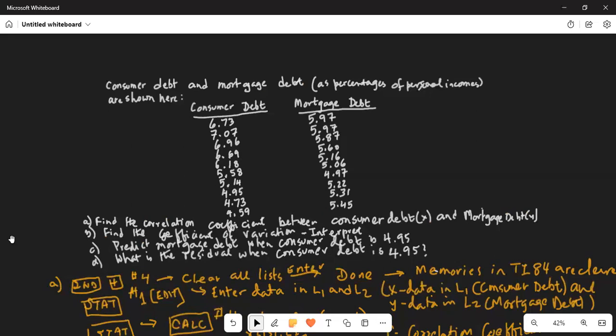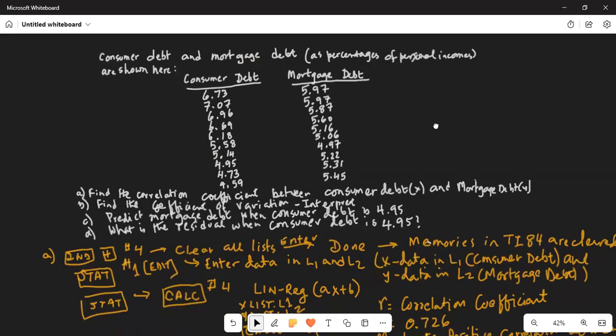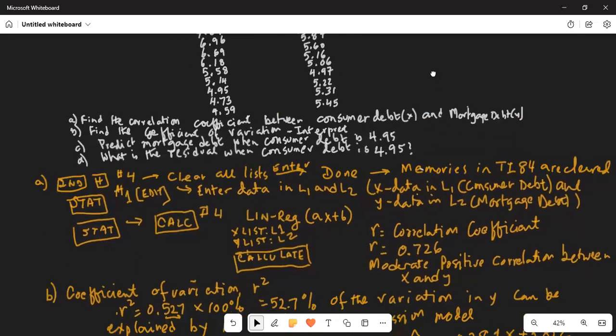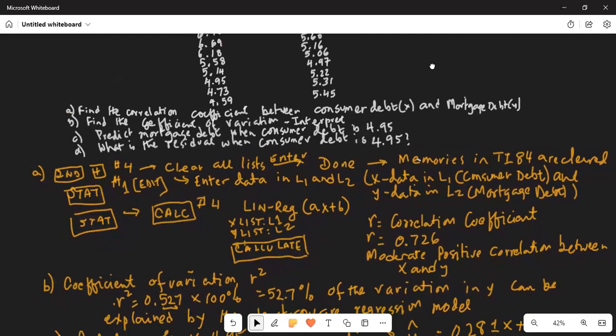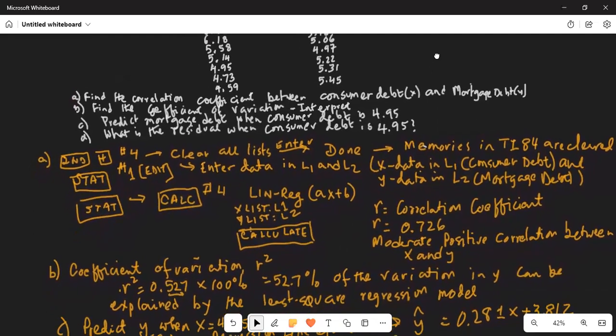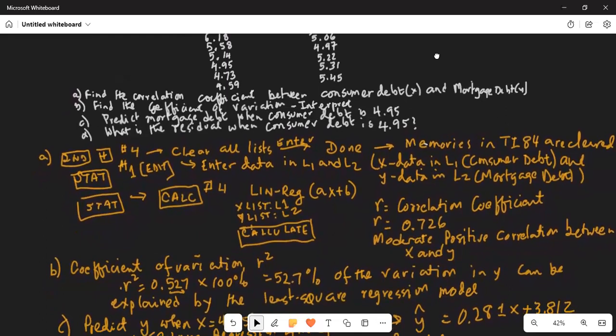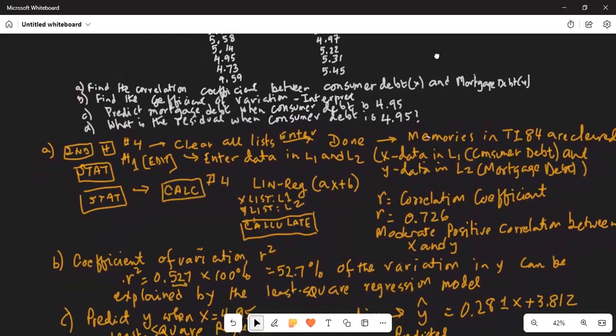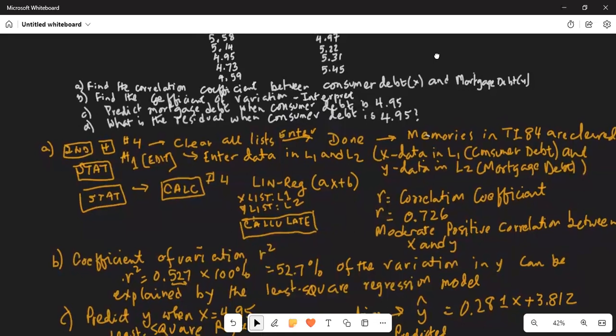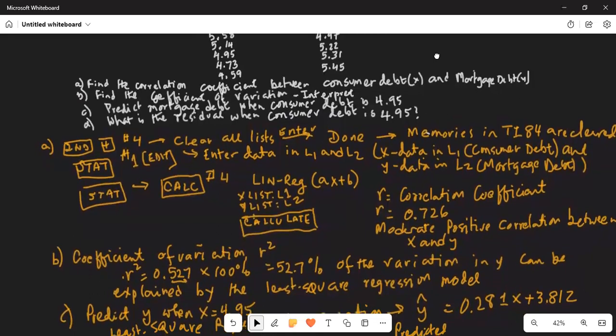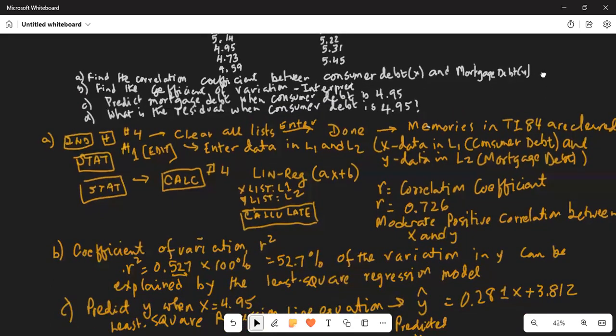We entered the data in L1 and L2, X in L1, Y in L2, and calculated the correlation coefficient R. R came out as 0.726, which is a moderate positive correlation between X and Y. Then we calculated the coefficient of determination, R square, which came out as 0.527. Only for R square, we multiply it by 100% and shift the decimal two places to the right. It becomes 52.7% of the variation in Y can be explained by the least square regression model.